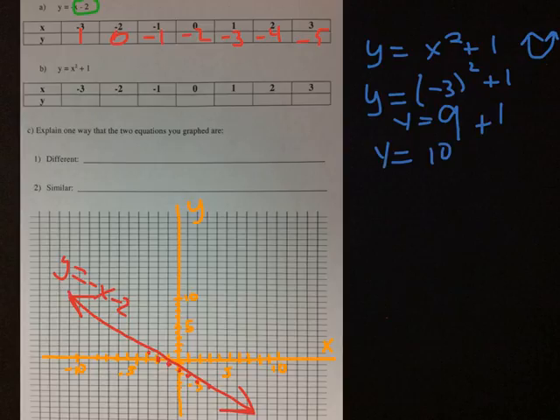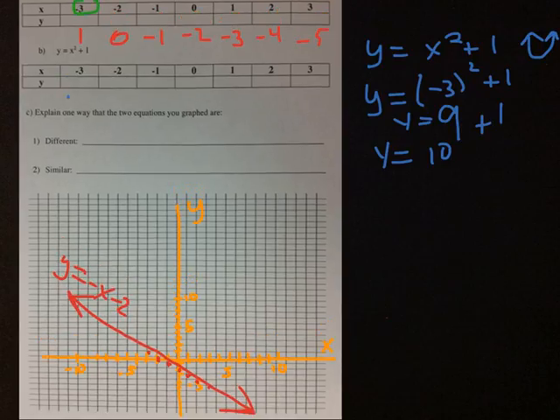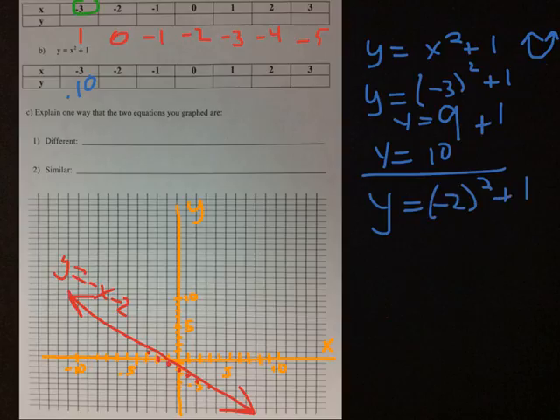So my first point, when x is negative 3, my y value is 10. All right, and then I'm going to do y equals negative 2 squared plus 1. Well, that's negative 2 times negative 2, so that's positive 4 plus 1, so that equals 5. So the second point is going to be 5.